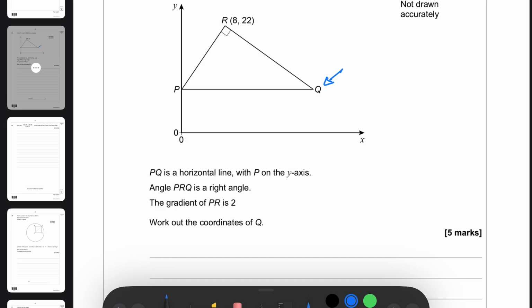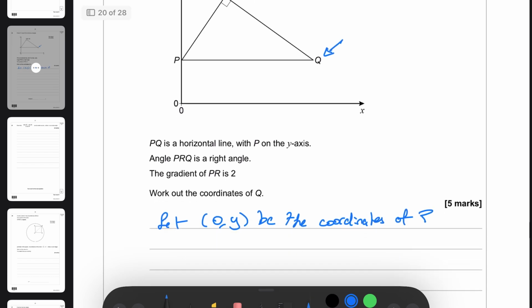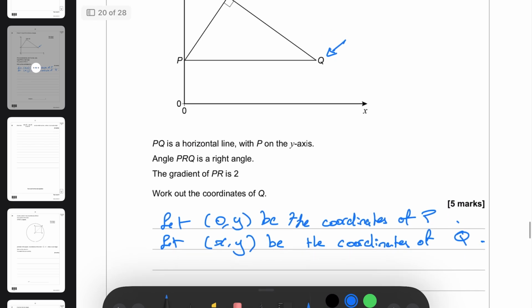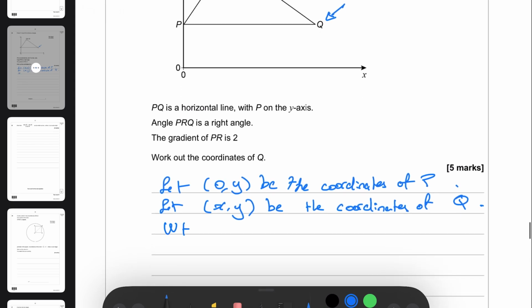So let's start. Let 0, y be the coordinates of P. Let x, y be the coordinates of Q, and we want to find x, y, right?